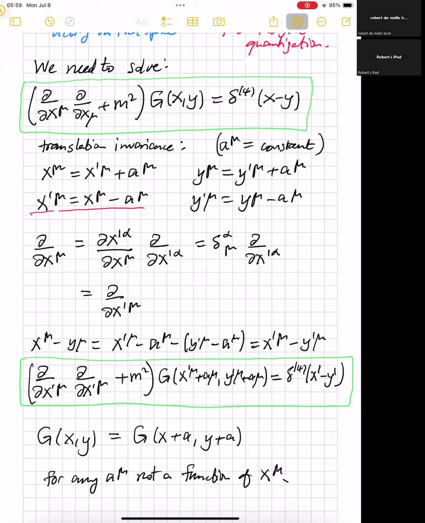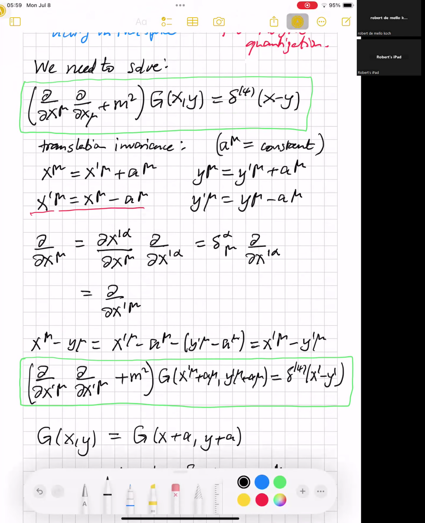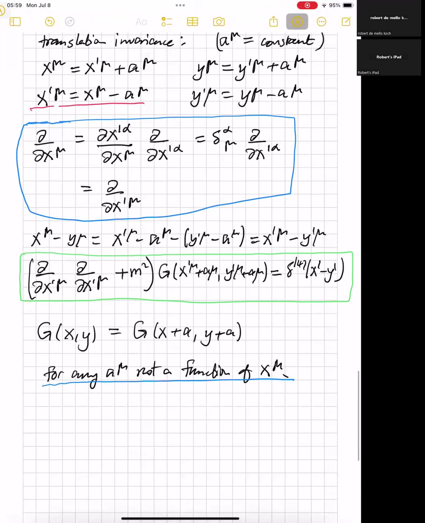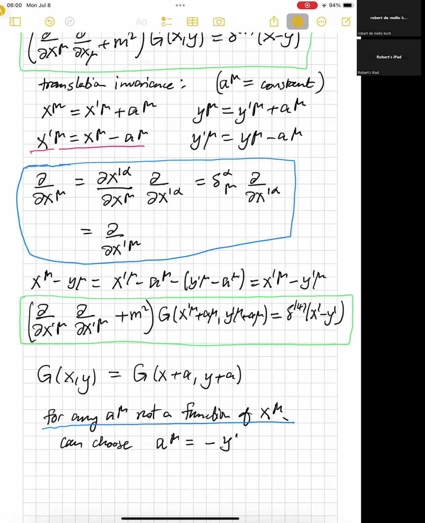So let's be clear, it's this step over here, inside that blue box, that's where we needed to use this statement, that a^μ is not a function of x^μ. Okay, good. So in particular, we can choose, no problem with doing this, a^μ to be equal to minus y^μ.